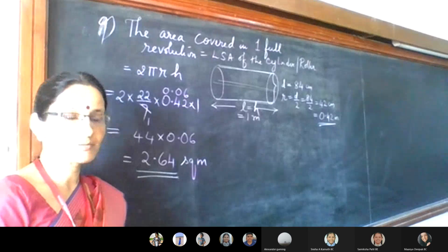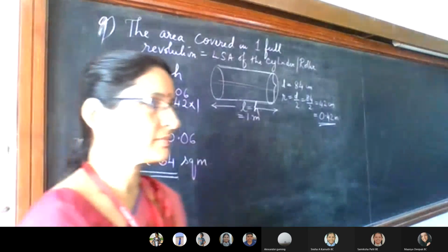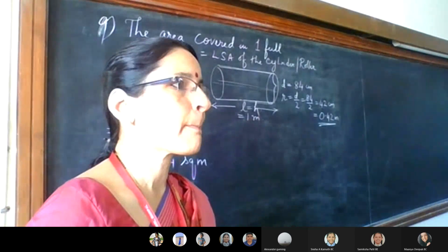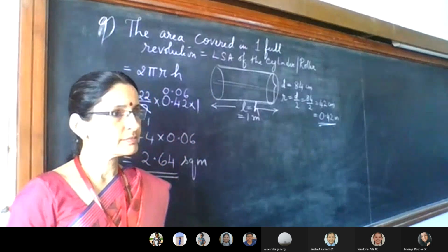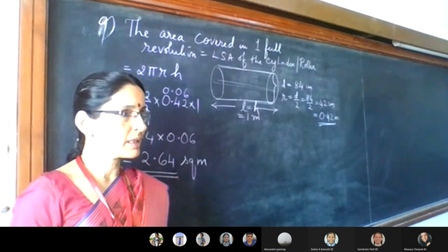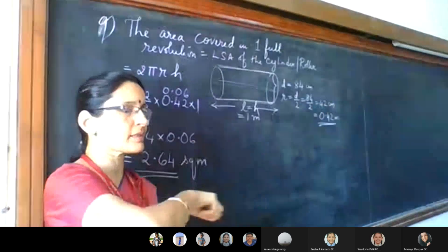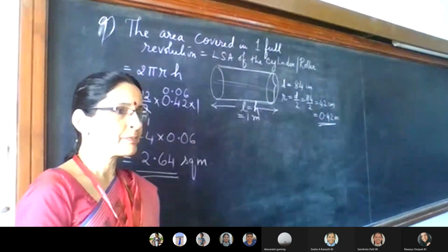Sari. Any dining table? Is it the dining table area? Possible. 1 meter is roughly 3.5 feet.